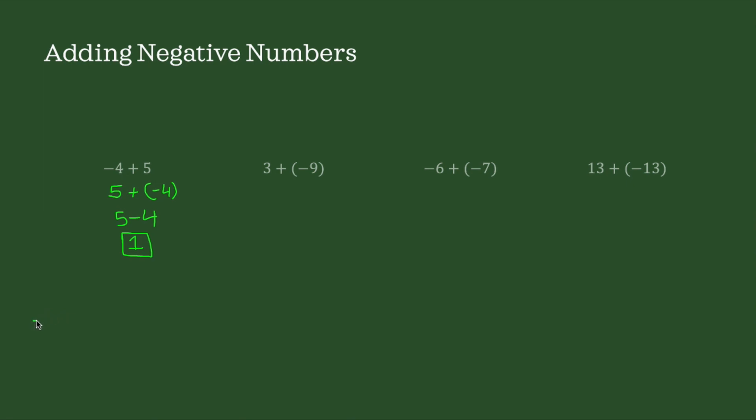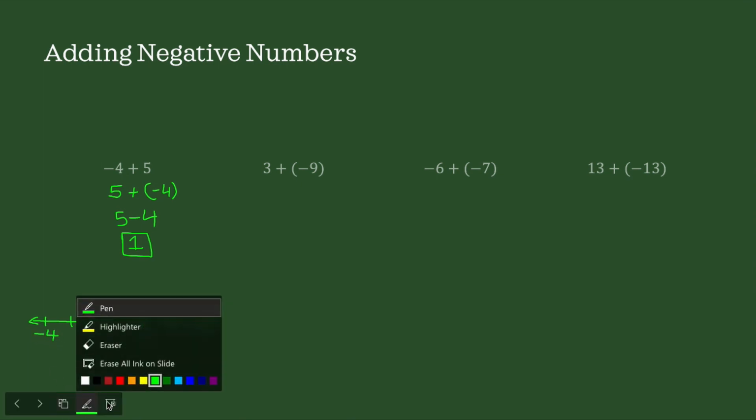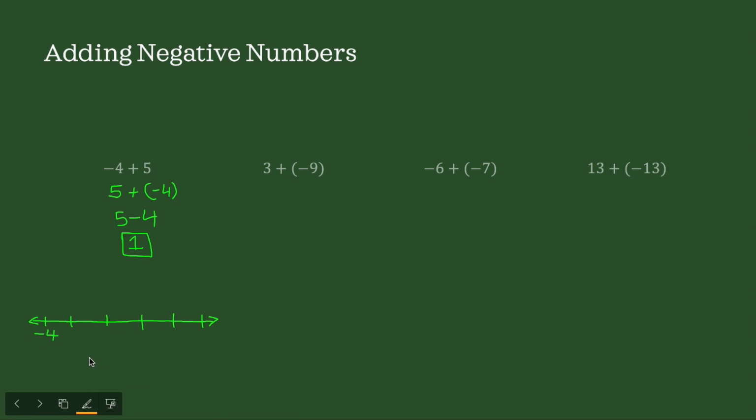So let me draw a number line. And if negative 4 is here on the number line, and we want to go 5 to the right, then we would be going 1, 2, 3, 4, 5.